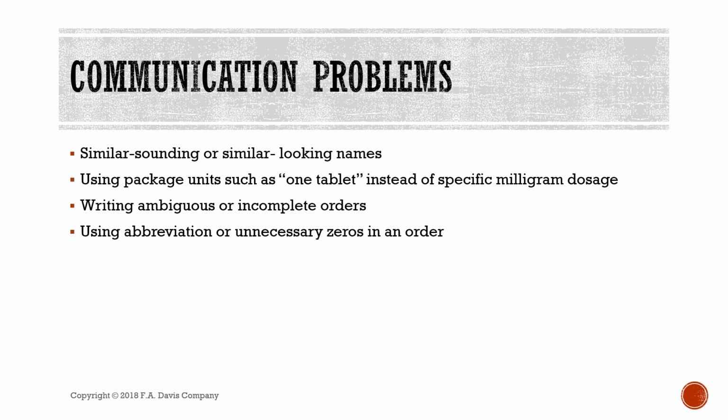Using package units such as one tablet instead of a specific milligram dosage. Writing ambiguous or incomplete orders, or using abbreviations or unnecessary zeros in an order. Again, if you do not understand an order or just are unsure about it, you always want to clarify. Make sure you have the correct order.